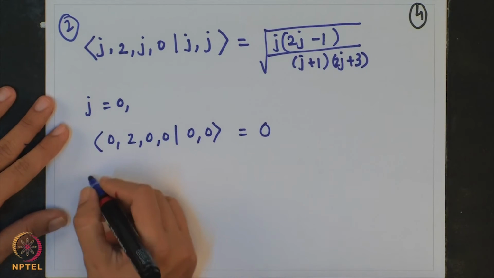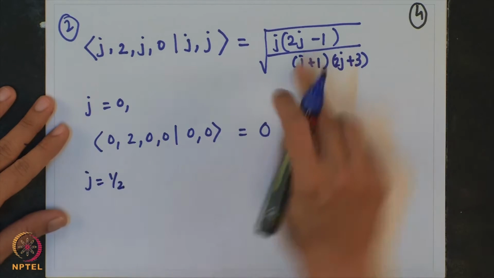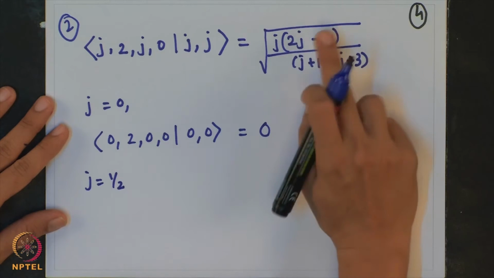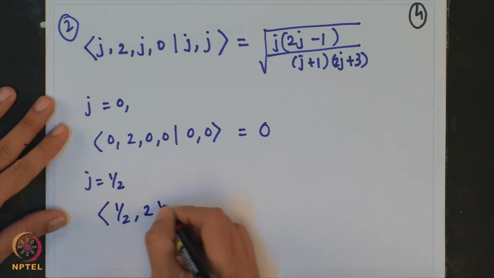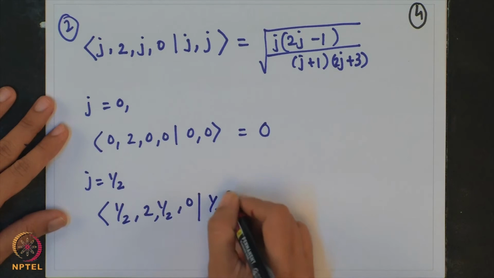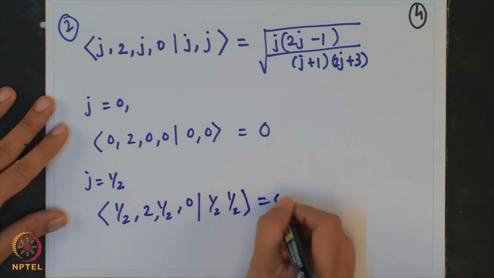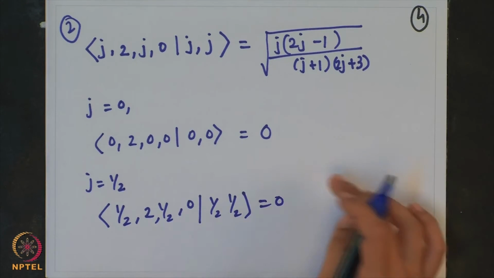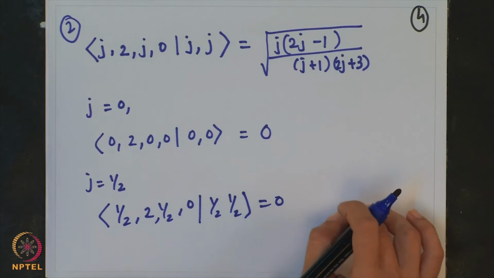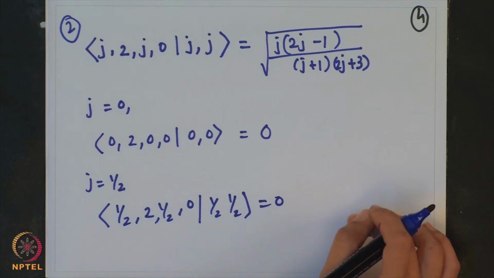And when j is equal to half, this term will be 0. That is to say that ⟨half 2 half 0 | half half⟩ is 0. So, by inspection you can see that these terms are 0.